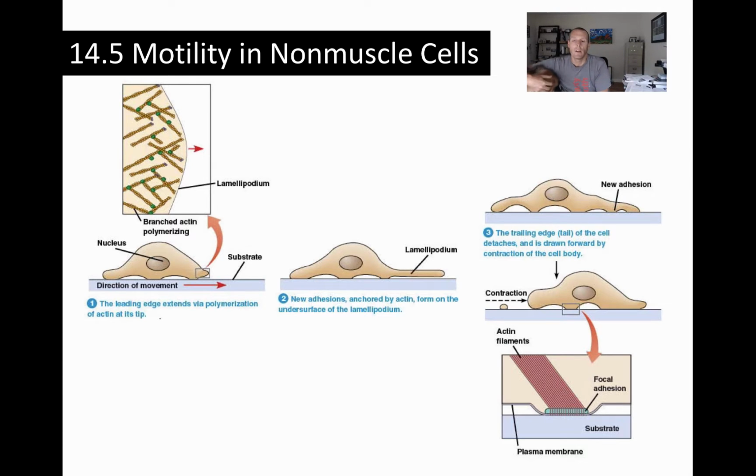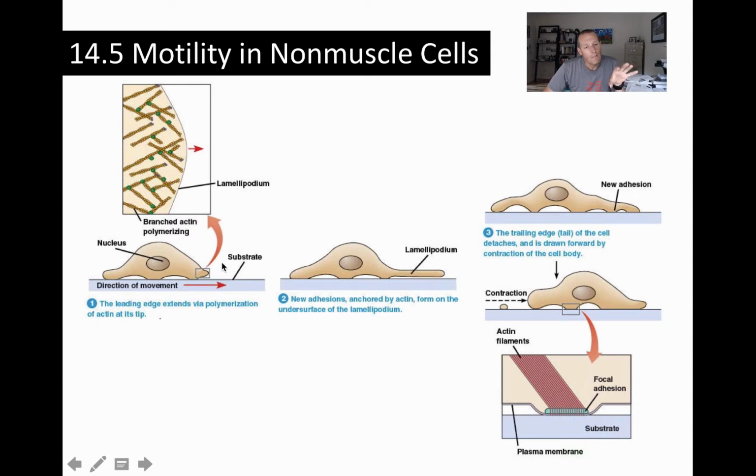New sites of attachment are formed at the front of the cell, and then contacts at the rear must be broken. So this cell on the left here, this leading edge has got to extend using polymerization and branching of actin, and then this rear structure that was previously anchored is going to be detached and then lifted up.